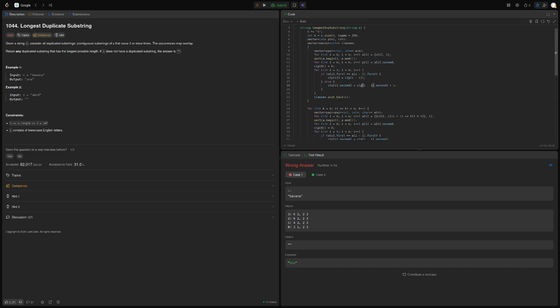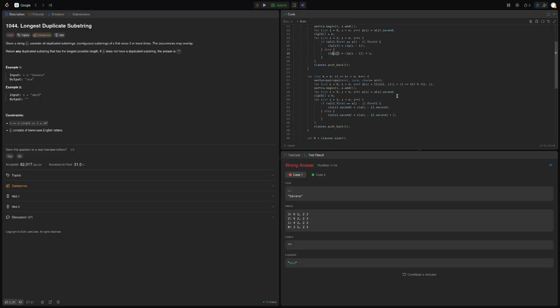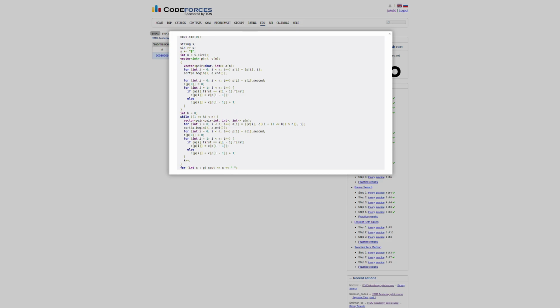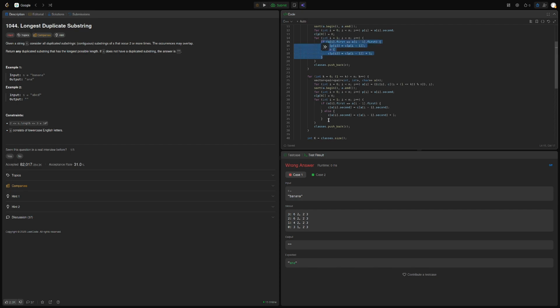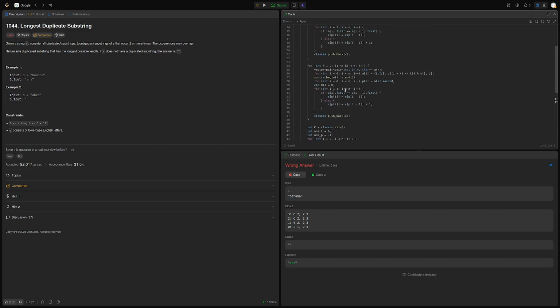Class of this +1. So CPI minus 1, CPI minus 1 plus 1. We sort, then we have AI second, C0. If AI first, then the same thing. So the algorithm is correct. What I don't understand is the classes.